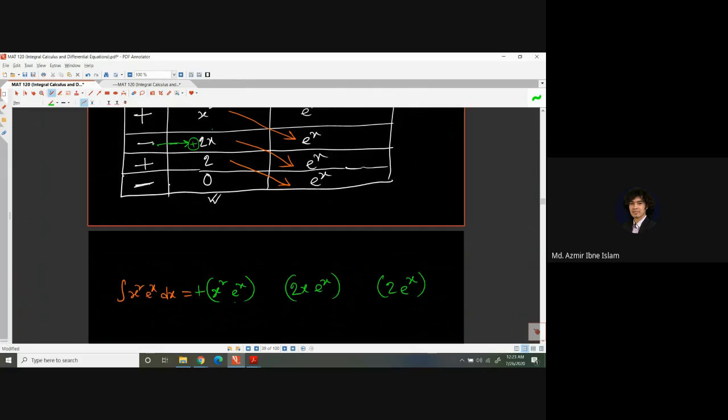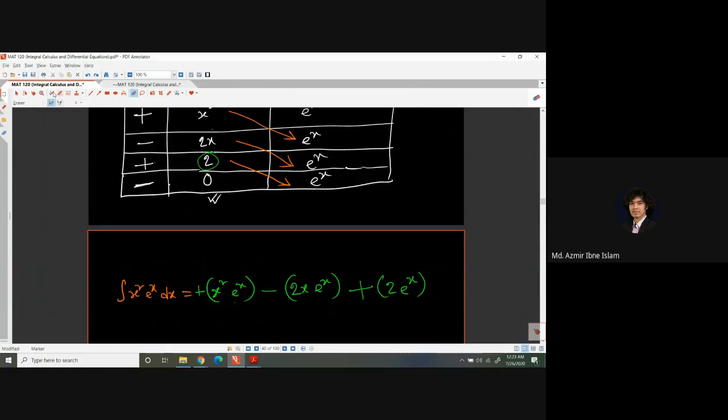You can see here we have positive, so negative positive negative negative positive, we have negative finally. Let's think about the last part, that is 2 times e to the power x. So positive positive positive positive positive, finally we are getting positive. So this is how we can figure out the sign before all these terms.